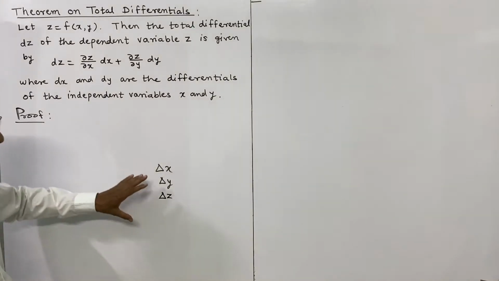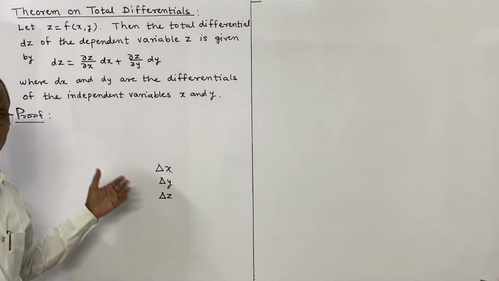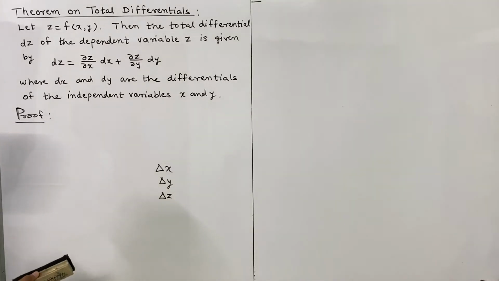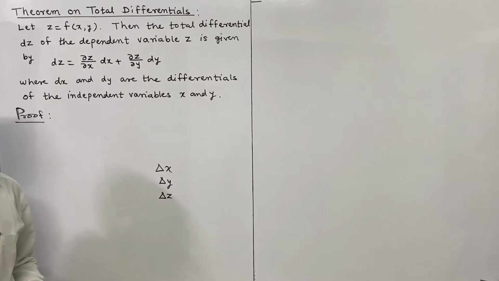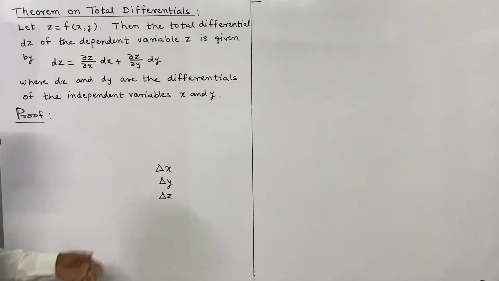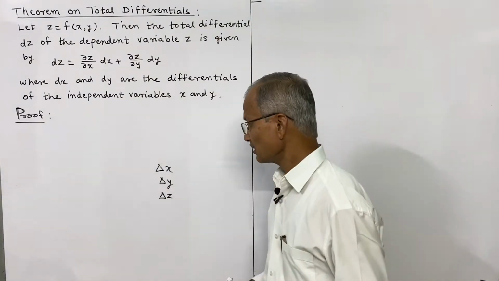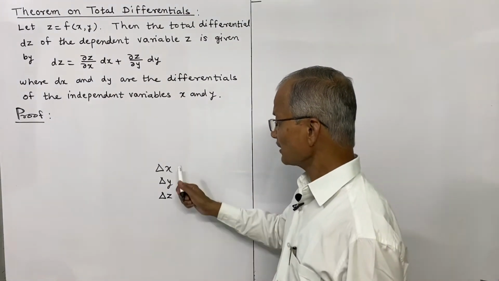So if there are changes, then there will be differential or derivative of the function, and if the function remains constant, there is no change, then the differential or the derivative will be 0 or does not exist. So therefore we are considering the changes.